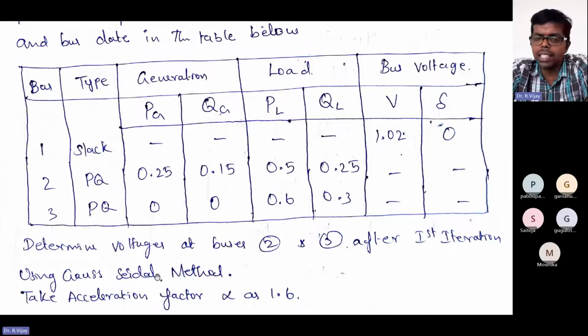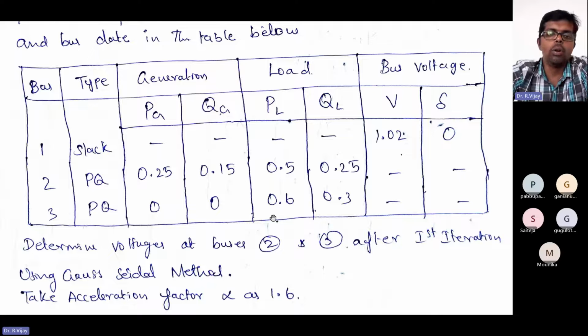Sometimes they will not give the method, and will just ask you to determine the voltage and the change in voltage. So you need to choose the method correctly. Sometimes real power and reactive power for a generation bus will not be given, so you take it as 0. These are the hard cases.